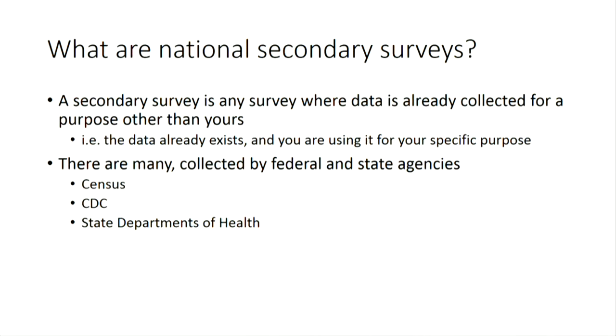And there are quite a few national and subnational secondary surveys, and they're collected by a number of state and federal agencies. The biggest ones are probably collected by the census. We also have a number collected by the Centers for Disease Control, as well as the various state departments of health.